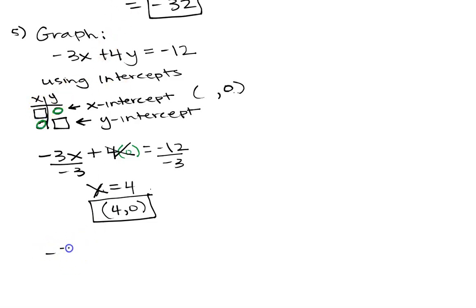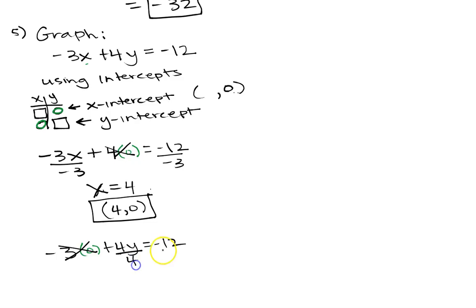Okay, and then similarly, to find the y-intercept, let's now put 0 in place of x on this. So now I'll have -3 times 0, putting 0 in place of my x there, plus 4y equals -12. And 3 times 0 is just 0, so that term is gone.